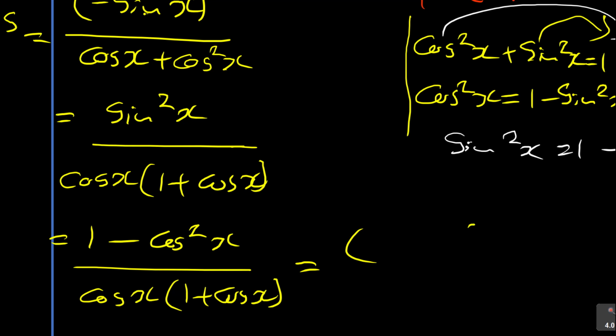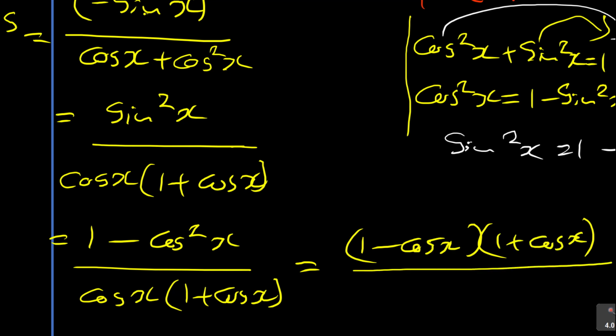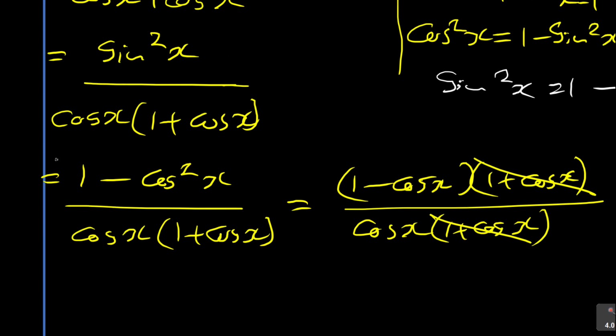You open your two brackets, which is what? 1 minus cos x. You must remember these kinds of things. And 1 plus cos x, all over cos x (1 plus cos x). See that? Then 1 plus cos x cancels with 1 plus cos x. At the end of the day, what do we have?